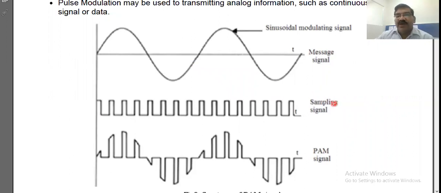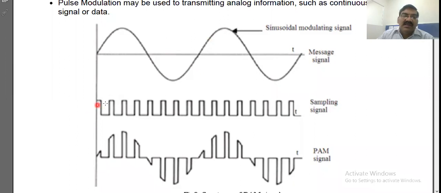Obviously, whatever Nyquist criteria we have studied just now, we have to follow here. So the sampling frequency must be at least double, this is the minimum requirement, at least double the maximum frequency of this modulating signal.